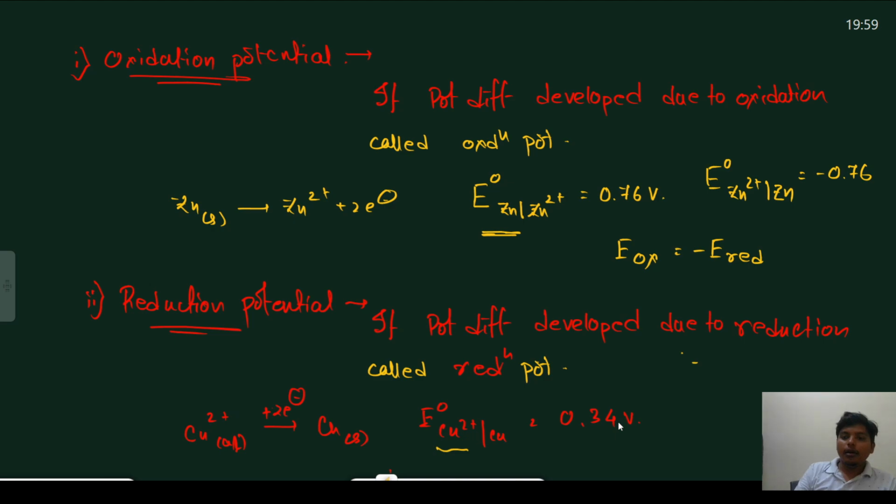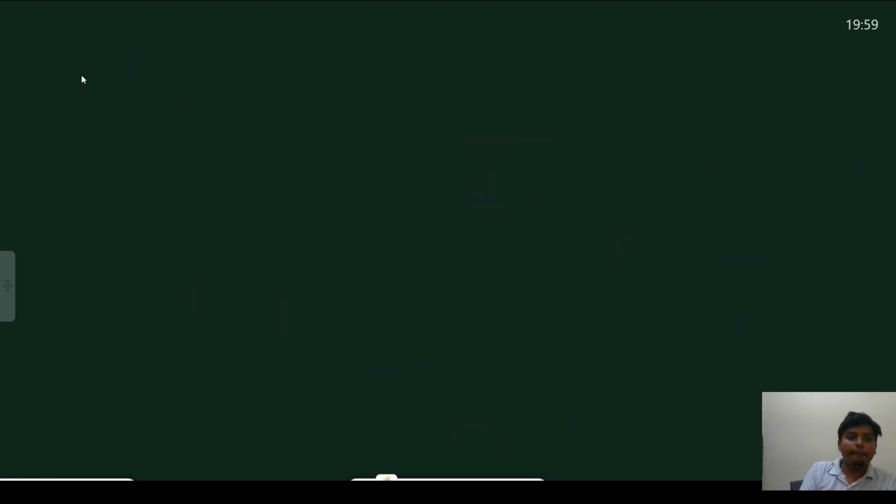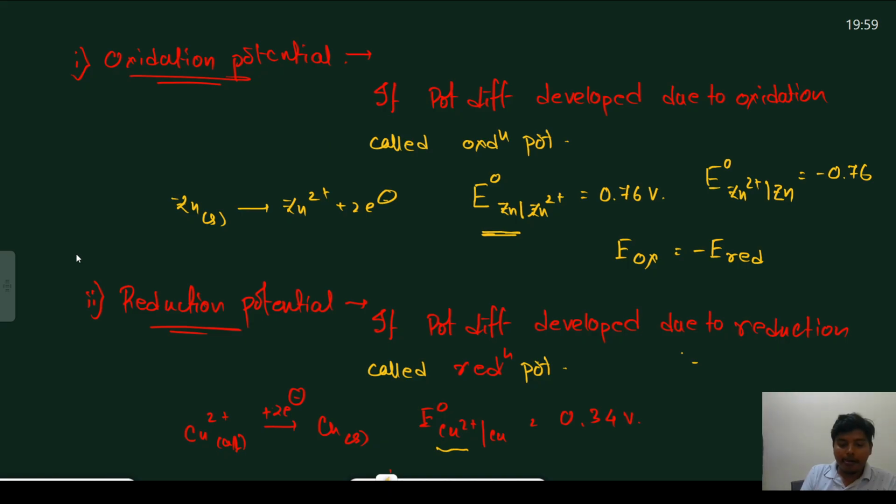Now coming to cell representation. It cannot be slanting lines. Slanting line means like this, slash.